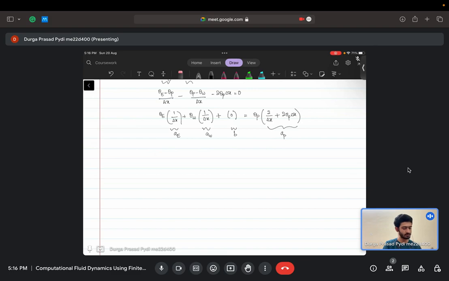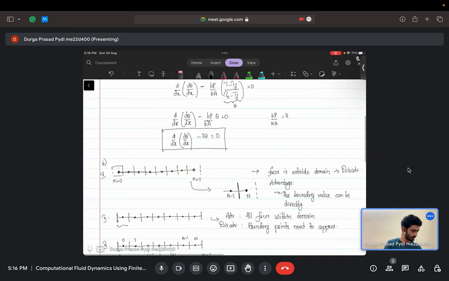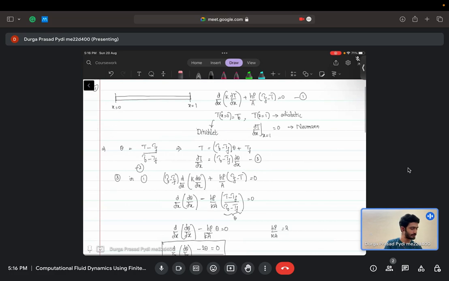Now let us see what happens on the west boundary, the left boundary. For the left boundary, we have an isothermal phase. So the equation is given as T at x equal to 0 is T0. If you calculate theta at x equal to 0, that gives you T0 minus Tf by T0 minus Tf, which is equal to 1.